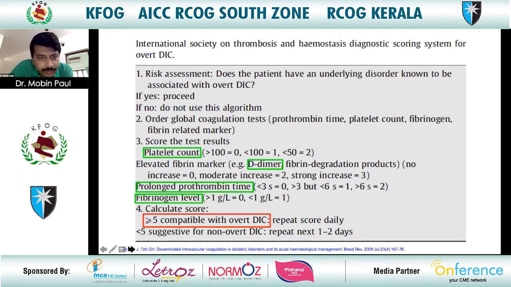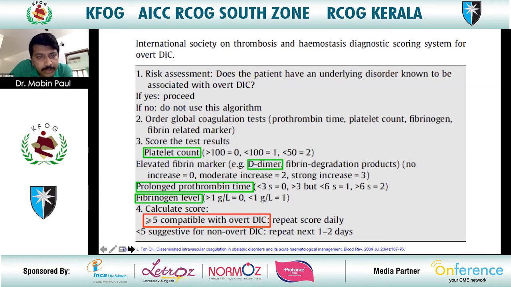For fibrinogen level, as one of the speakers previously said, conventionally in the routine population we take 150 mg as the cutoff, but in obstetrics it should be taken as 200 mg. So if it is more than 1 gram per liter, consider 0, less than 1 as 1. So you score it.